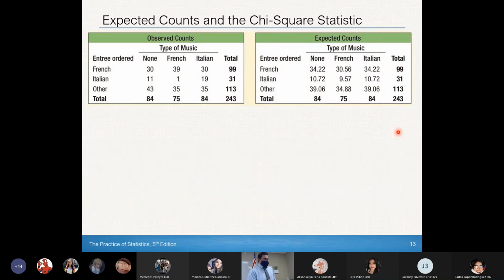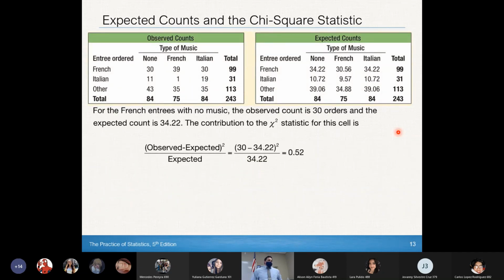Again, here are those same two tables. For the French entrees with no music, the observed count is 30 orders and the expected count is 34.22. The contribution to the chi-square statistic for this cell is 30 minus 34.22 squared over 34.22, which is 0.52. That's just the first entry in the table.